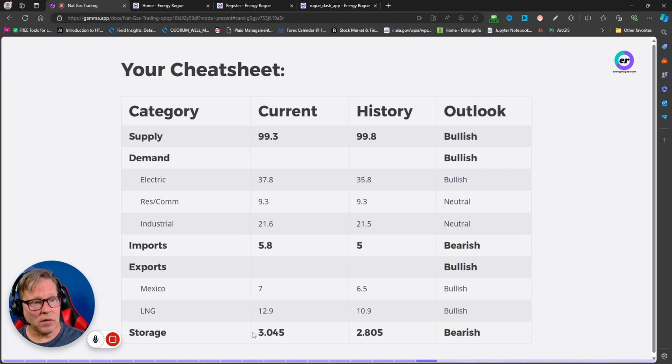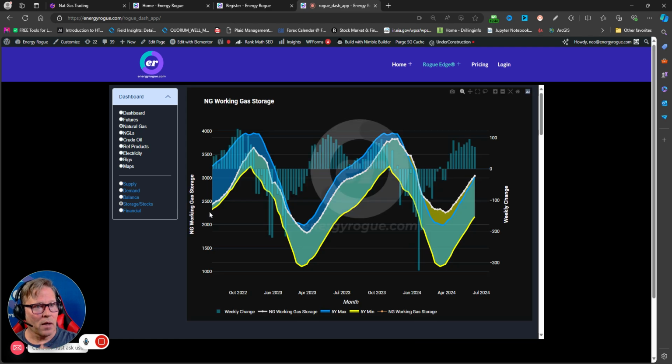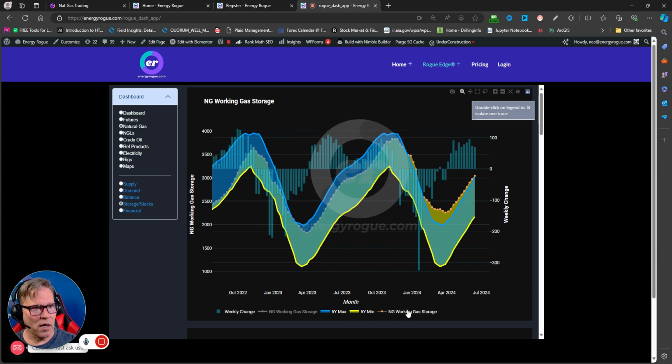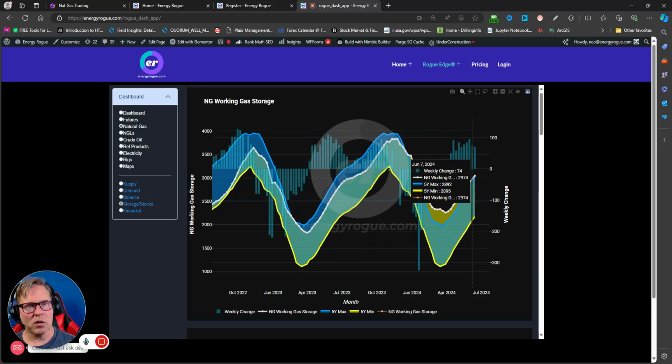So the last item that we're going to take a look at is storage. So when we look at storage, let's take a look at it. You can see versus the 5-year average, when you look at the top blue line, that is the 5-year max for that point in time. So that is the 5-year maximum, and then the yellow line is the 5-year minimum. So then when I add back in this white line, that is where we currently are.